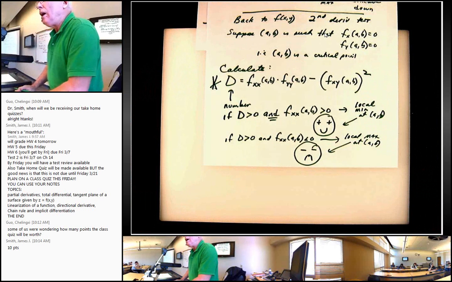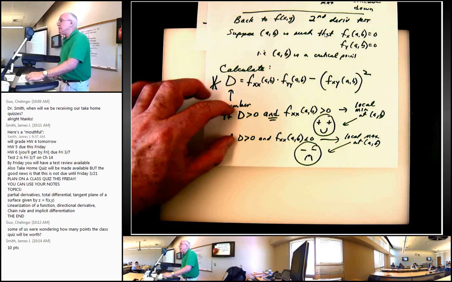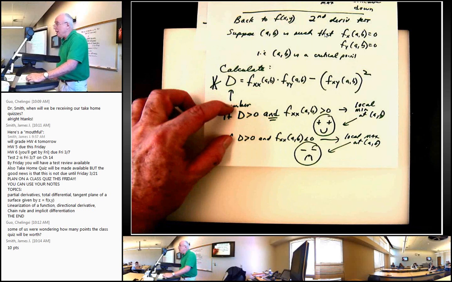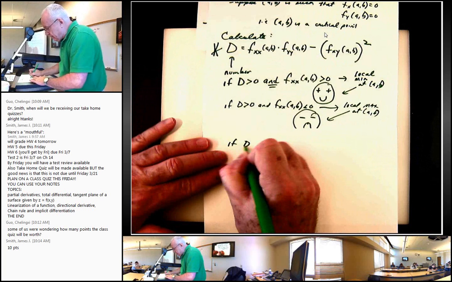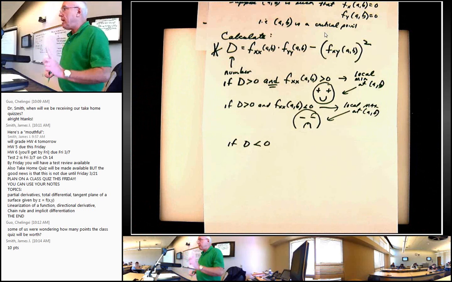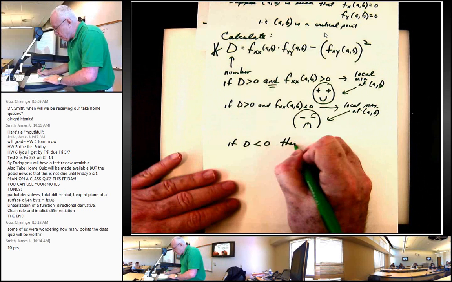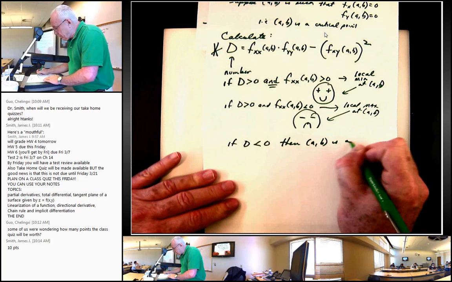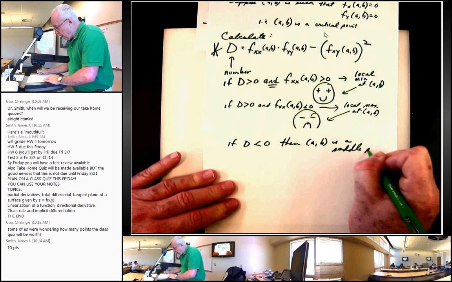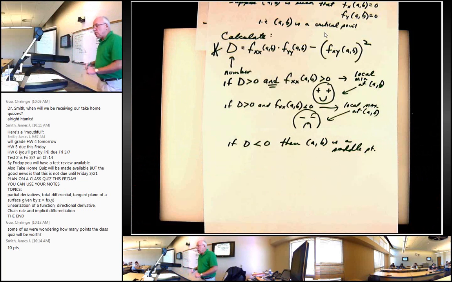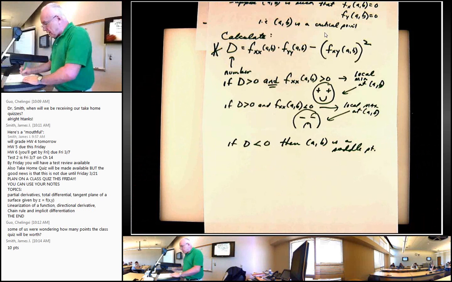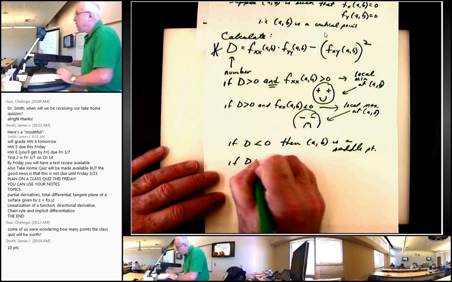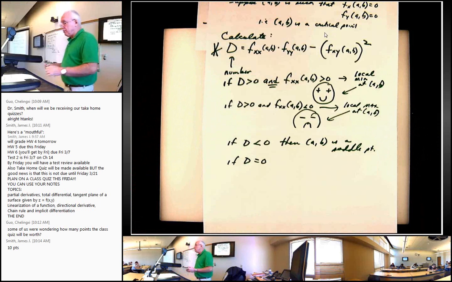Now, these two cases both involve the D value being positive, greater than 0. If the D value is negative, less than 0, then (a, b) is a saddle point. So far, we've covered D being bigger than 0 and D being less than 0. If the D value is exactly equal to 0, this test fails. It gives us no information.